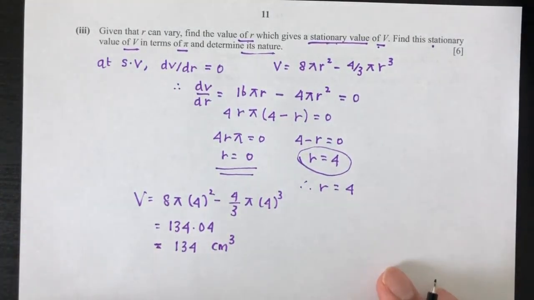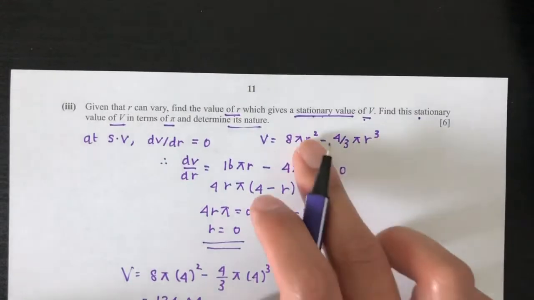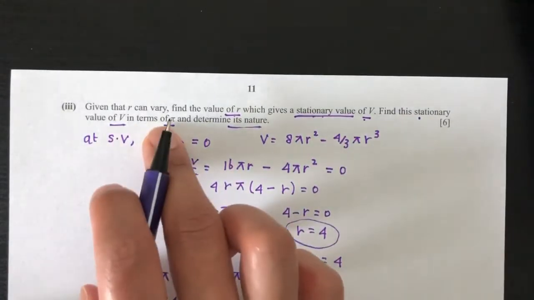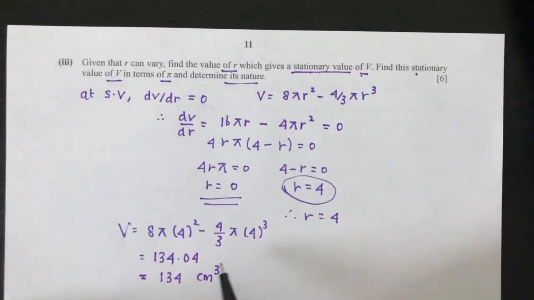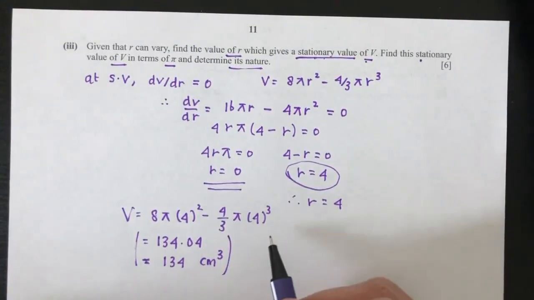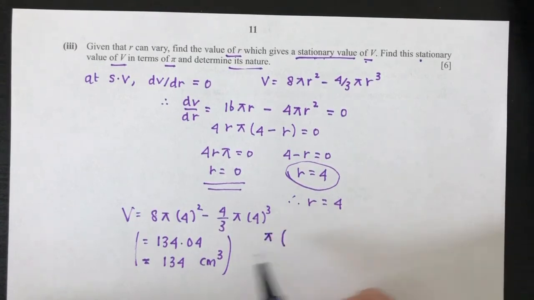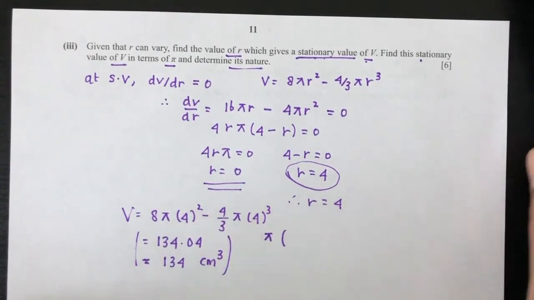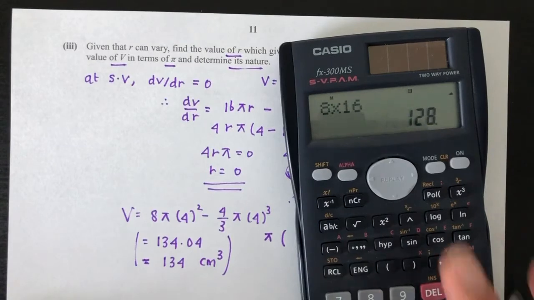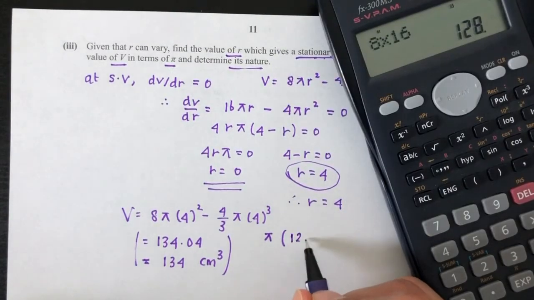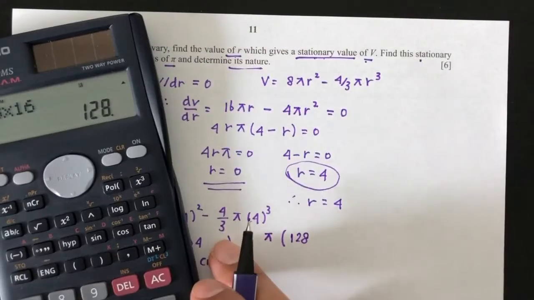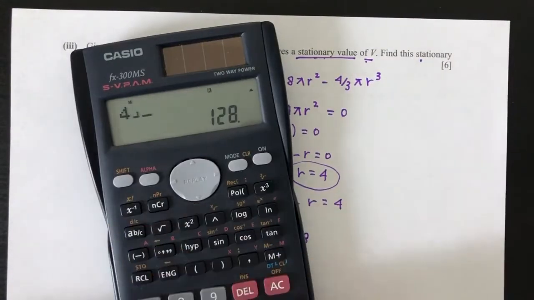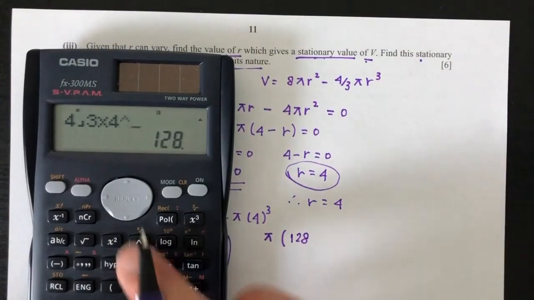Now the next one, it says find the value in terms of pi. So we cannot provide a decimal, we have to find it in terms of pi. So let's do that again. First step is we have to factorize pi outside. You will have 8 times 16, that will be 128, and then this is 4 over 3 times 4 power 3.